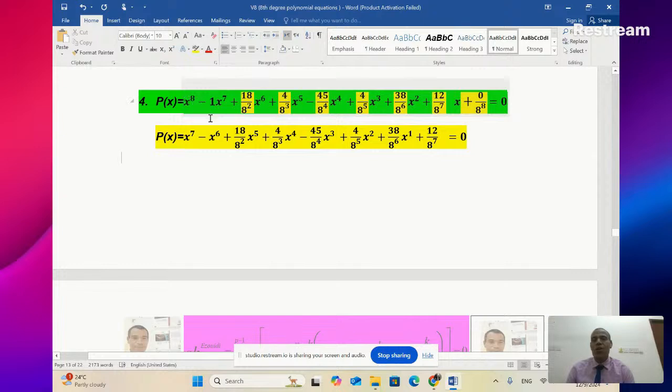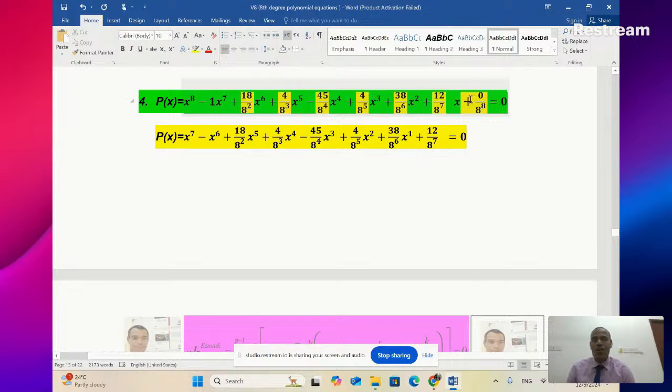So I should work with x^8 minus 1 times x^7, plus 18 divided by 8^2 times x^6, plus 4 divided by 8^3 times x^5, minus 45 over 8^4 times x^4, plus 4 divided by 8^5 times x^3, plus 38 divided by 8^6 times x^2, plus 12 divided by 8^7 times x, plus 0 divided by 8^8, equals 0.